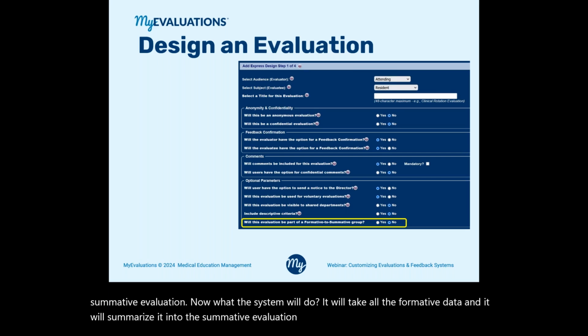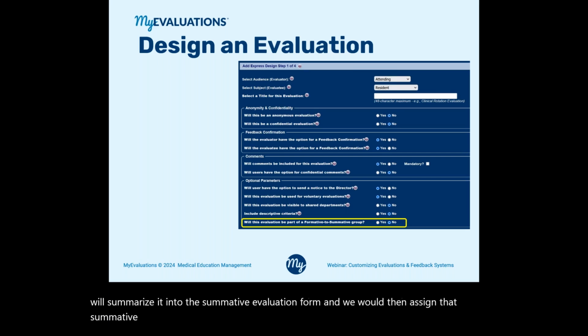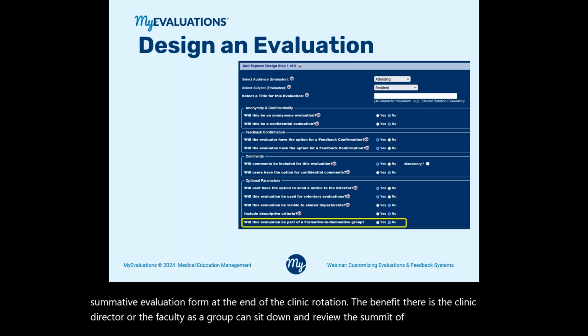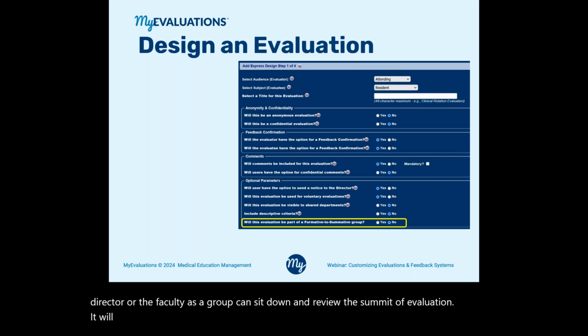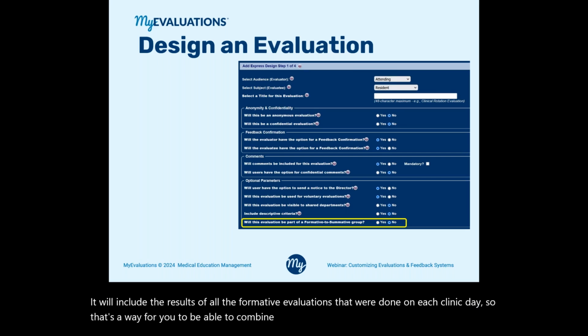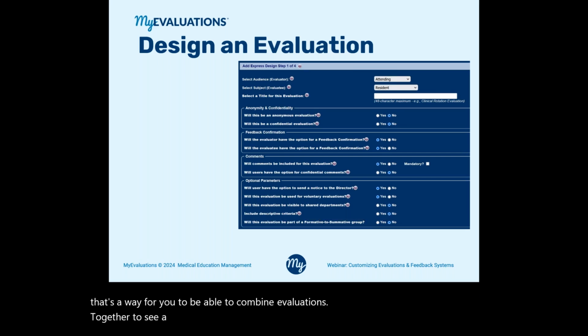And we would then assign that summative evaluation form at the end of the clinic rotation. The benefit there is the clinic director or the faculty as a group can sit down and review the summative evaluation. It will include the results of all the formative evaluations that were done on each clinic day. So that's a way for you to be able to combine evaluations together to see a summative result.